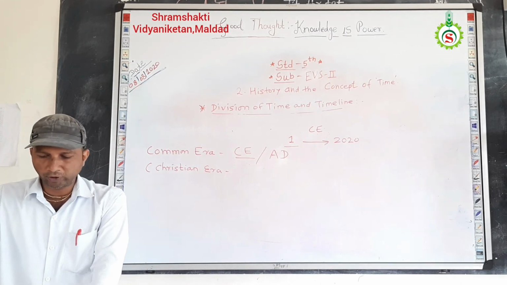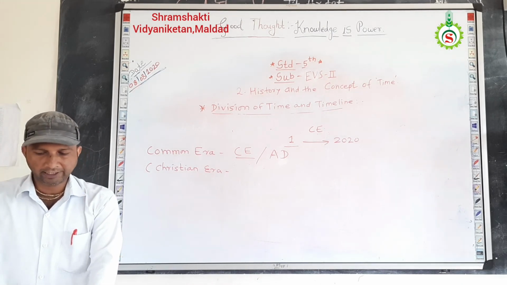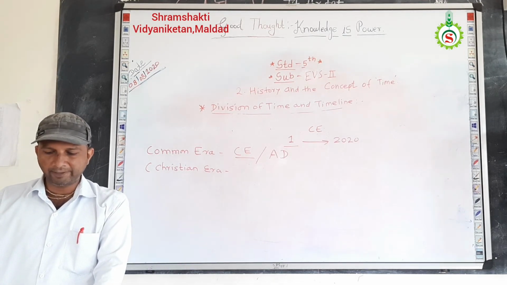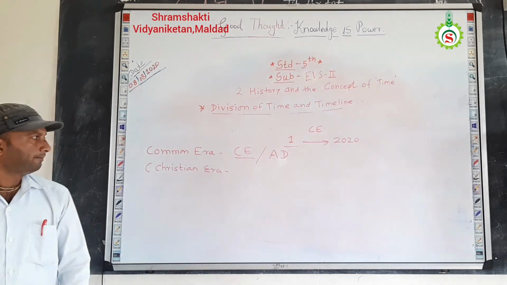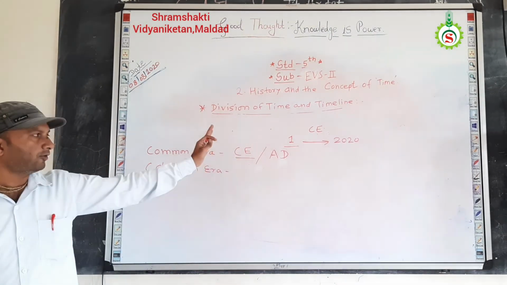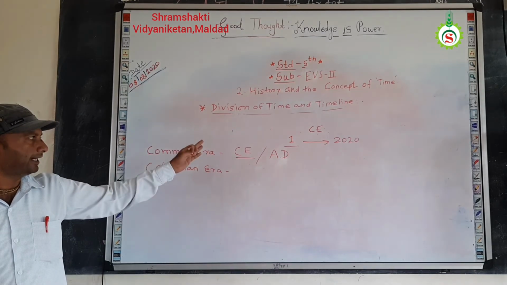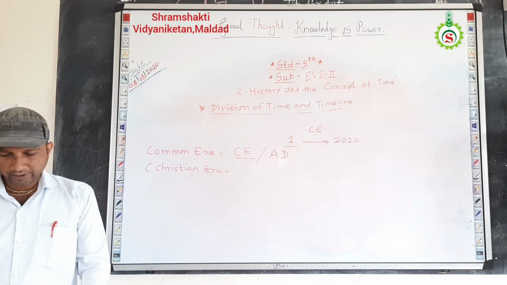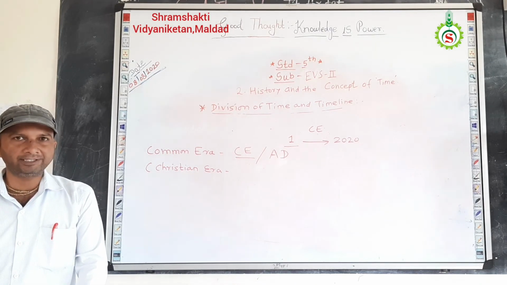The calendar we use today is based on the Christian era, now called the common era. This era begins in the memory of Jesus Christ. Means from the birth or when the death of Jesus Christ takes place, after that the measurement of time takes place. So this measurement is always in the memory of Jesus Christ.